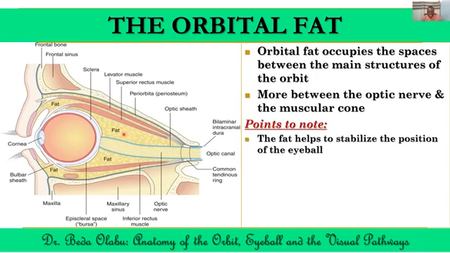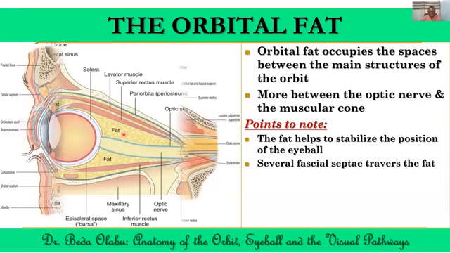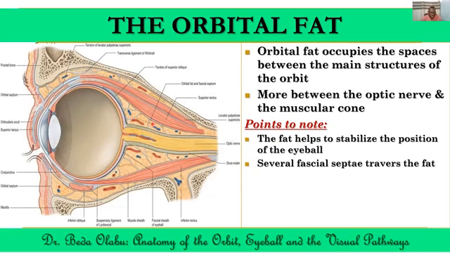The importance of this fat is to help stabilize the position of the eye so that you don't have a lot of oscillations of the eyeball. There are a lot of septa that go through the fat though, like this one. They just traverse the fat, putting the fat into even more tiny compartments.